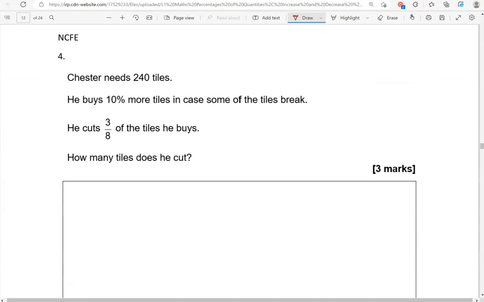Chester needs 240 tiles. He buys 10% more tiles in case some of the tiles break. He cuts 3/8 of the tiles he buys. How many tiles does he cut? So he needed 240 tiles, then he buys 10% more. So we'll work out that first. 10%, that is 10 out of 100 of 240.